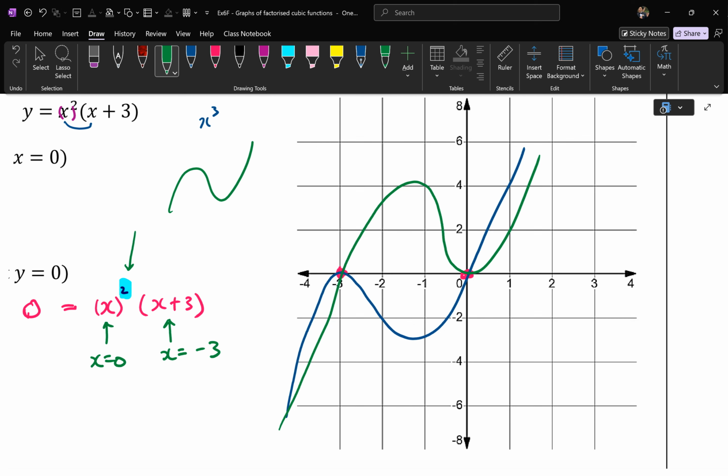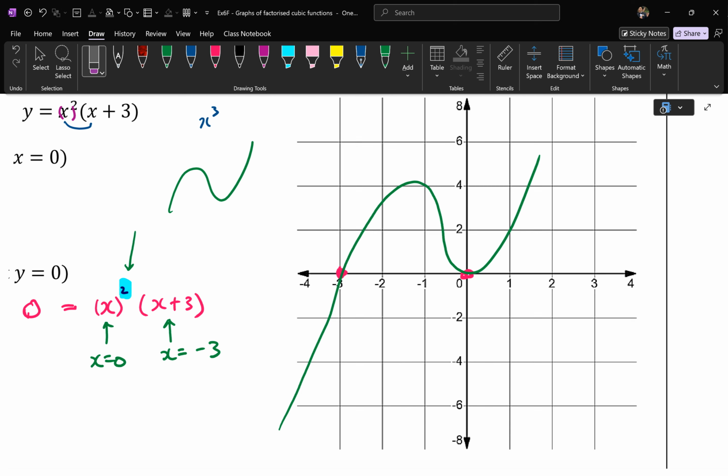This is where the sign diagram comes in and it's helpful. Or you use what I've been teaching you to analyze the function. The square tells you there's a turning point at x equals 0. So it's not a turning point at -3, it's a turning point at 0. So that's why the blue graph cannot be correct. It has to cross through -3 because that's a linear factor.